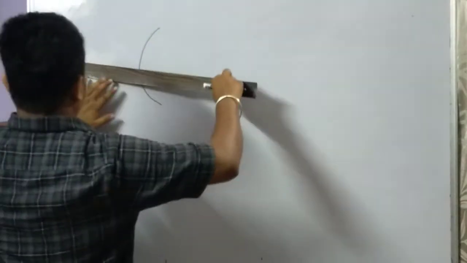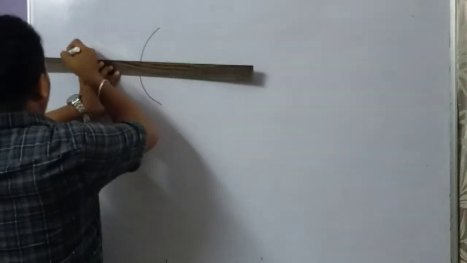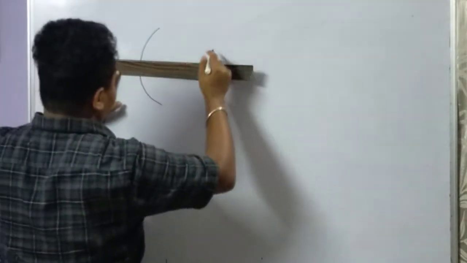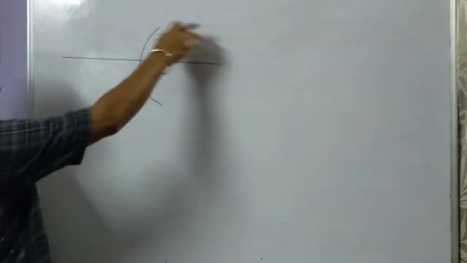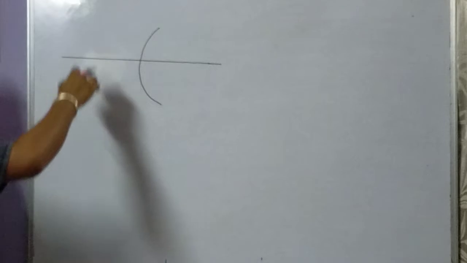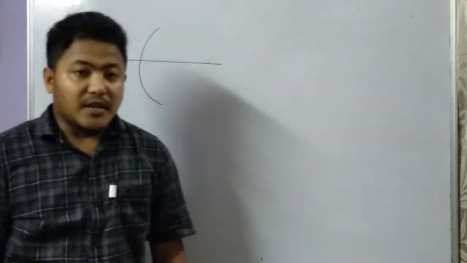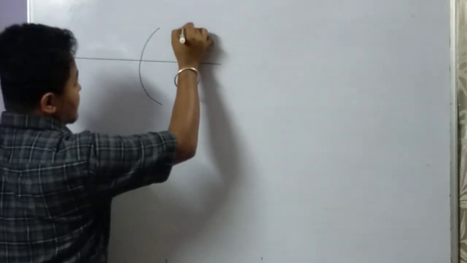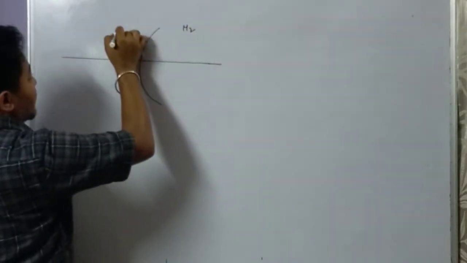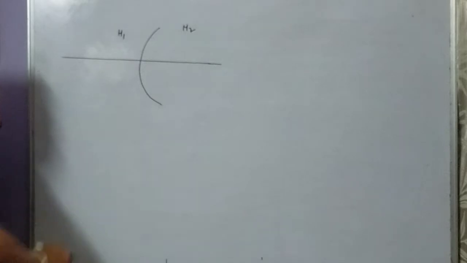This is its axis. This is a separate medium and this is a separate medium. Let us assume that the refractive index of this medium is mu2 and the refractive index of this medium is mu1.